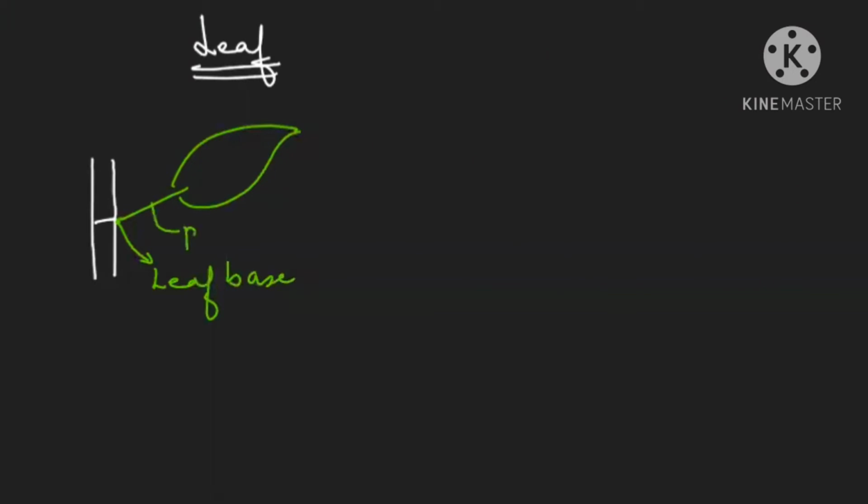This is petiole, and this is the one which is having the network of vein and veinlet. This is known as lamina. Okay, so we will say it is a flat lateral structure.